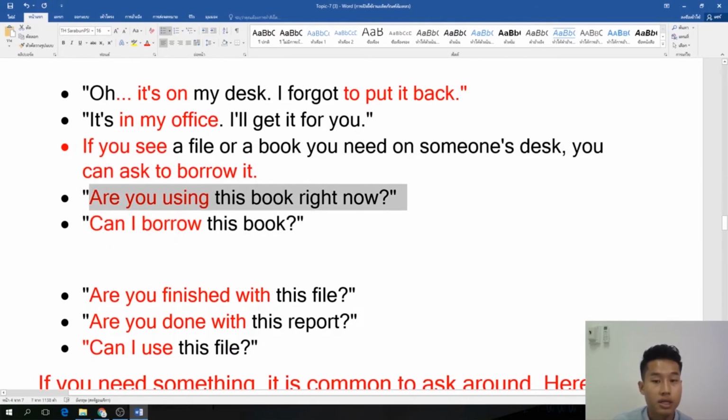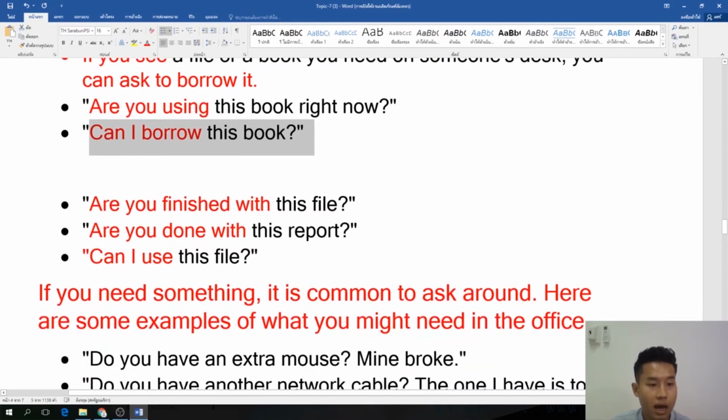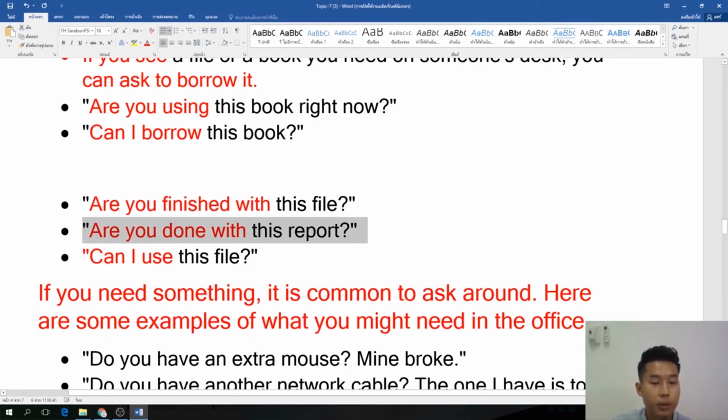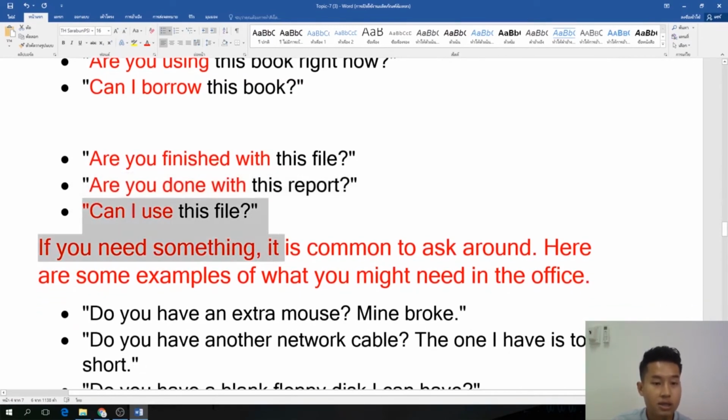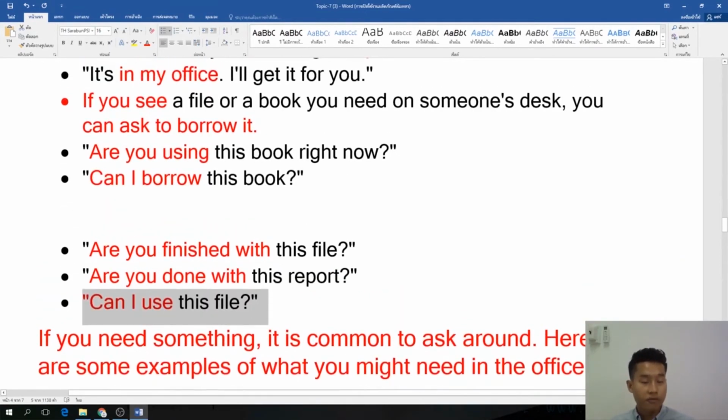Can I borrow it? Can I rent this book? The same thing. Are you finished? Are you done with this file? Are you done with this report? Can I use this? Can I use it? The same meaning, right? This is all about the question, and also about the answer at the same time.